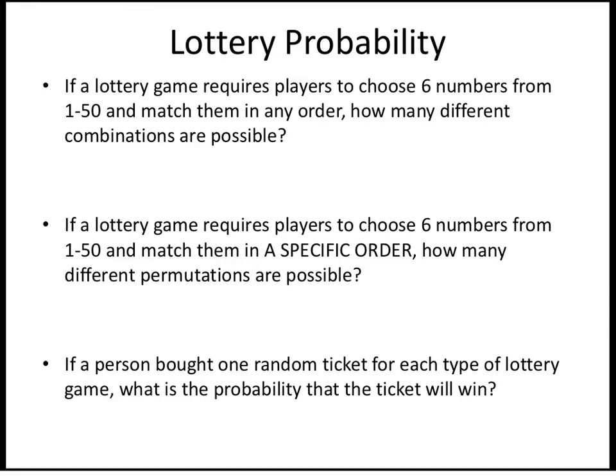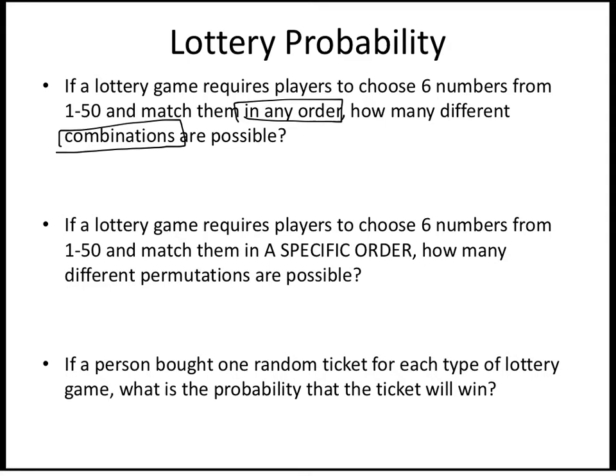Now let's talk about some lottery problems. Here we have a lottery game, and it requires players to choose 6 numbers from 1 to 50 and match them in any order. We want to know how many different configurations are possible. When we are talking about any order, that is combinations.